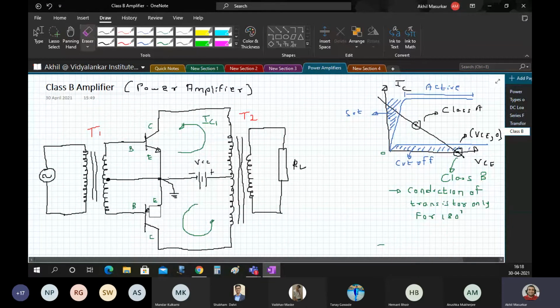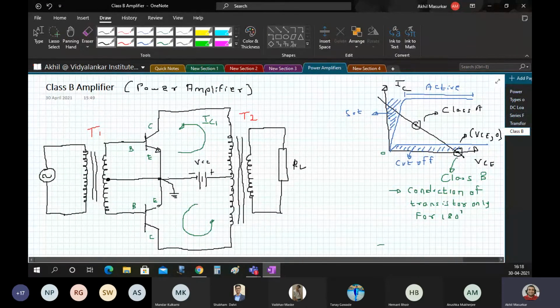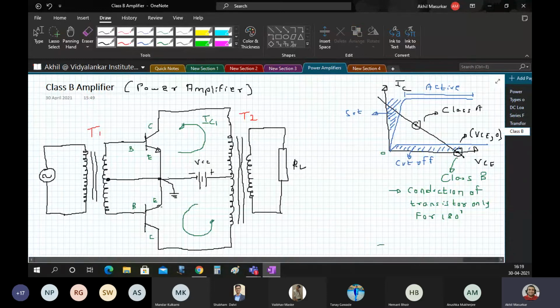Just a small change here. Now the PNP. IC1, IC2.